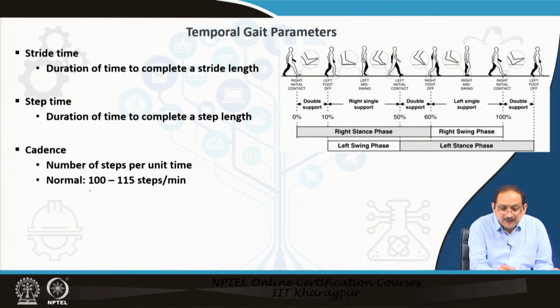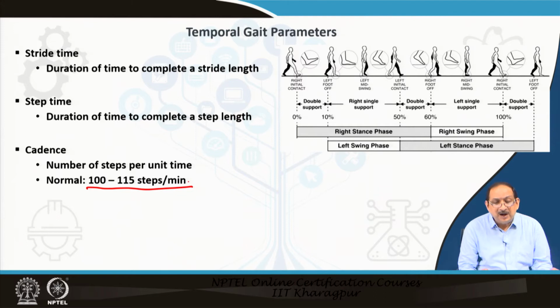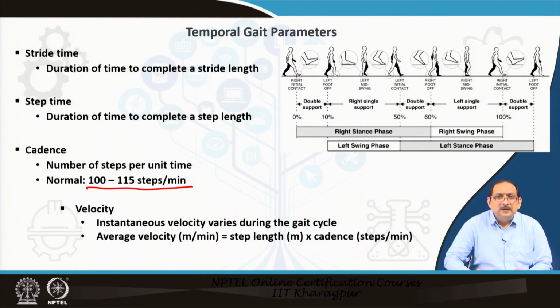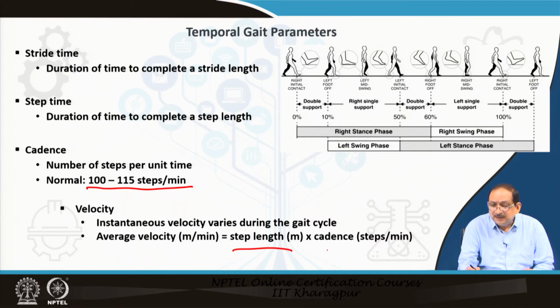Normally it is about 100 to 115 steps per minute. The instantaneous velocity varies during the gait cycle, and the average velocity can be calculated as step length times the cadence, in steps per minute.